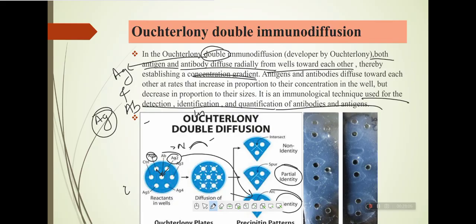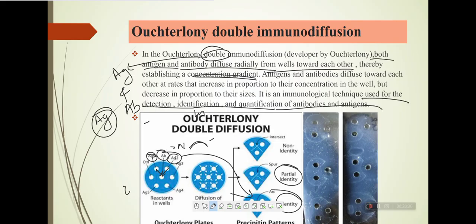Partial identity occurs when two antigens share a common epitope, but one of them has a unique epitope. Antigen 1 and antigen 2 both share a common epitope with this antibody, right?